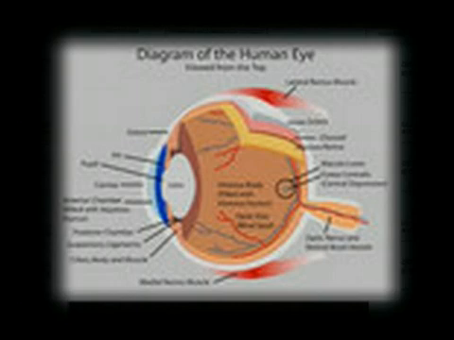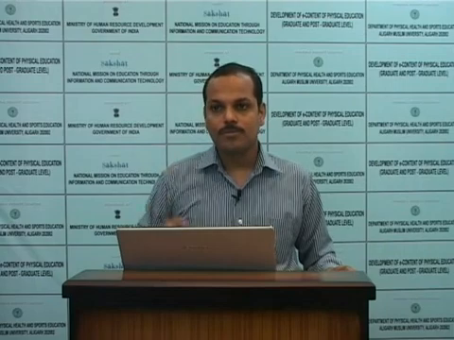Because of these photochemical changes, there is development of an action potential, of impulses, and these impulses are transmitted through the synapses to the optic nerve, which is seen at the posterior part of the eyeball. Then this optic nerve carries impulses to the brain, and then the subject sees. This is the mechanism of vision.